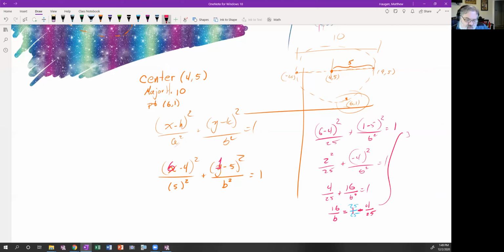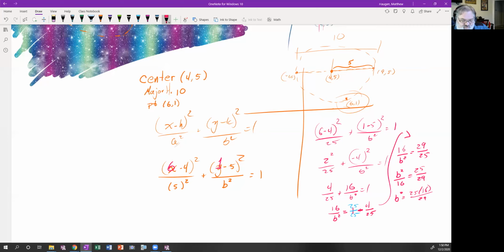So 16 over B squared would then be, what, 29/25. I'd be inclined to just flip those, just because it makes our lives easier. So B squared would be equal to 25 times 16 over 29.